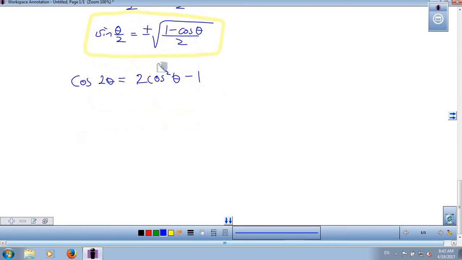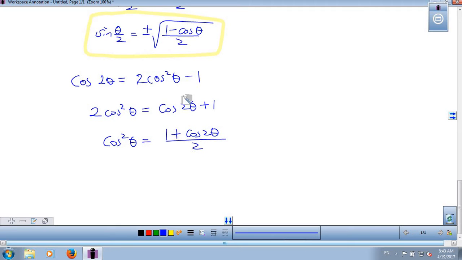So let's solve for 2 cosine squared theta equal to cosine 2 theta plus 1, or 1 plus cosine 2 theta. You can keep that in that form. So cosine squared theta will be equal to 1 plus cosine 2 theta, divided by 2. So this is one of the expressions that we can use.